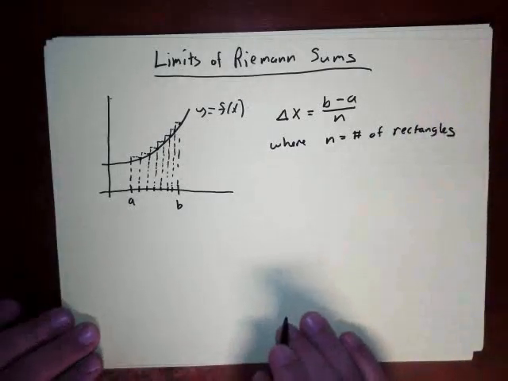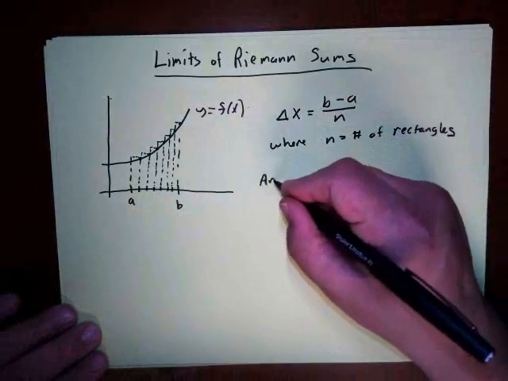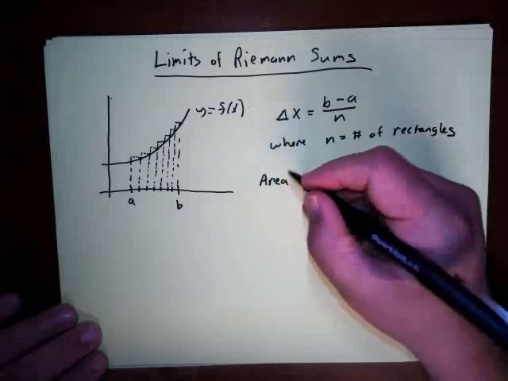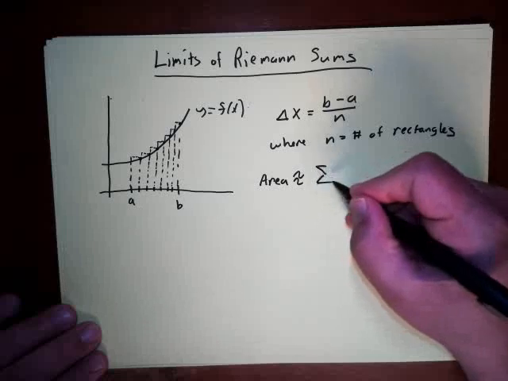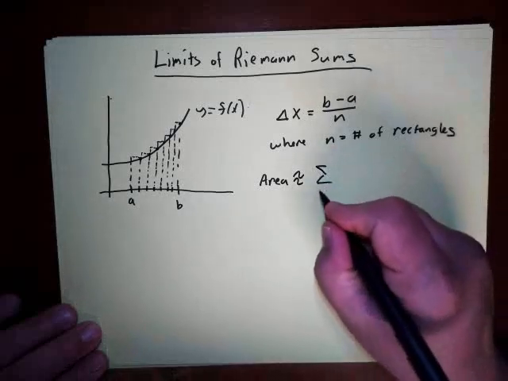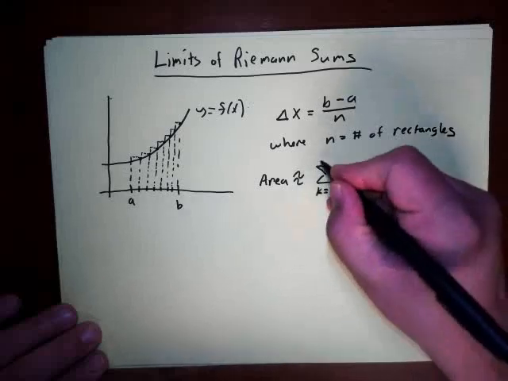So you've got n rectangles, and so we could say that the area underneath this curve is approximately equal to the sum, k equals 1 to n.